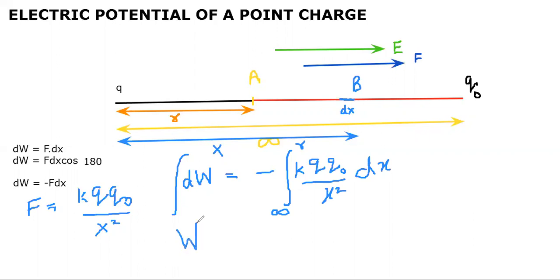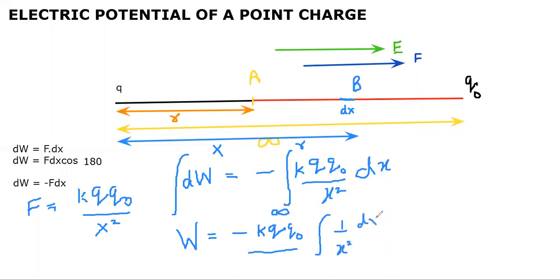It is not hard, it is just hard to write over here. Minus K, the constant things come out of the integration, K Q Q naught, and inside the integration is 1 by x square dx.